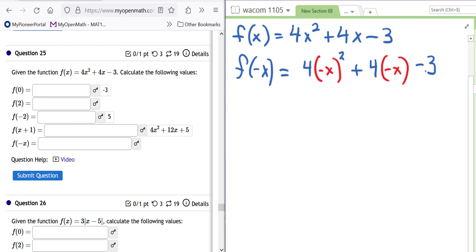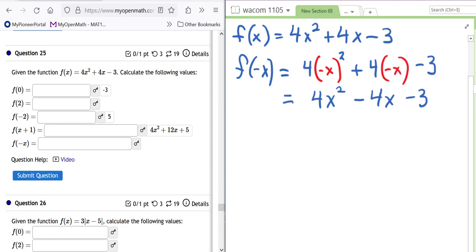So first thing you have to do is exponents. Negative x squared is negative x times negative x, which will give you a positive x squared. All right, and there's not really any math to do there. This multiplication, we can just clean it up. It's going to be a minus 4x and a minus 3.